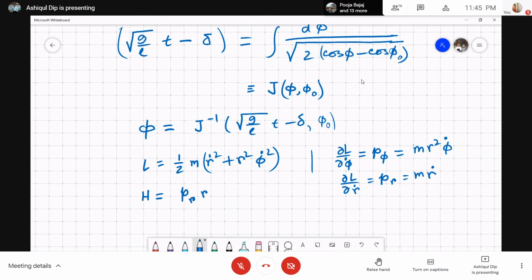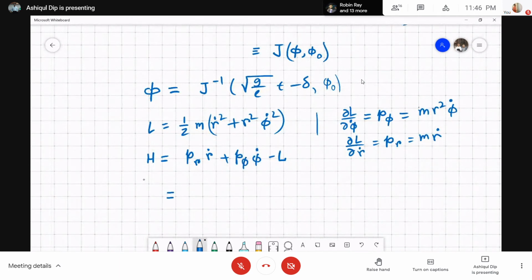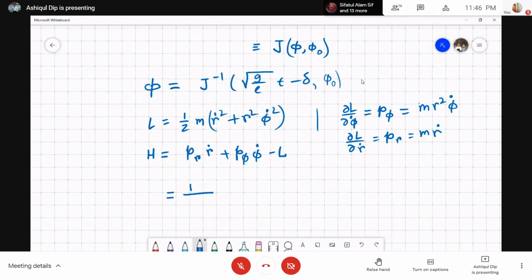So P_r r dot plus p phi phi dot minus L would lead you to almost a similar thing, like this: 1 over twice m, with P_r squared above, just do the algebra, plus 1 over twice m r squared, with p phi squared above.